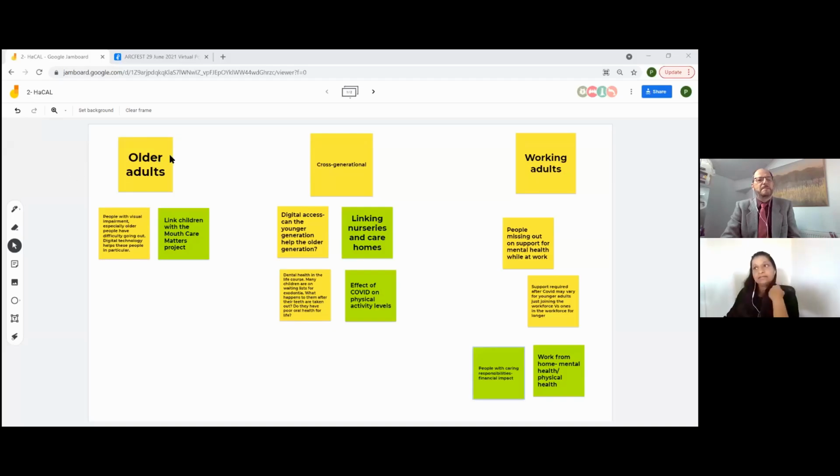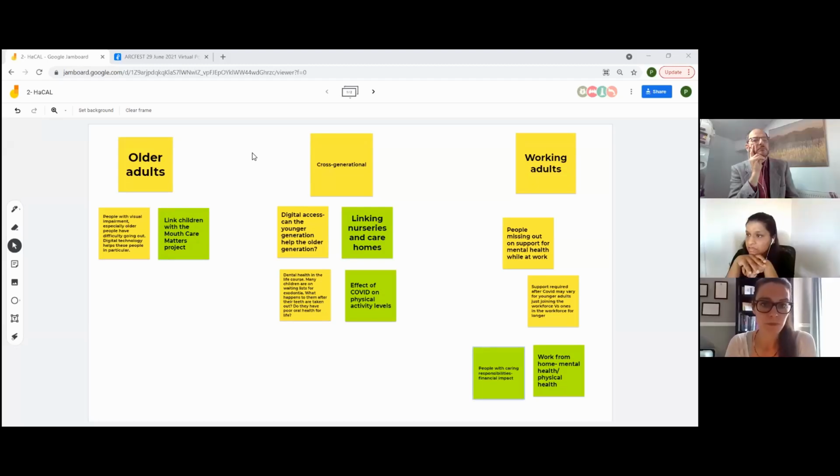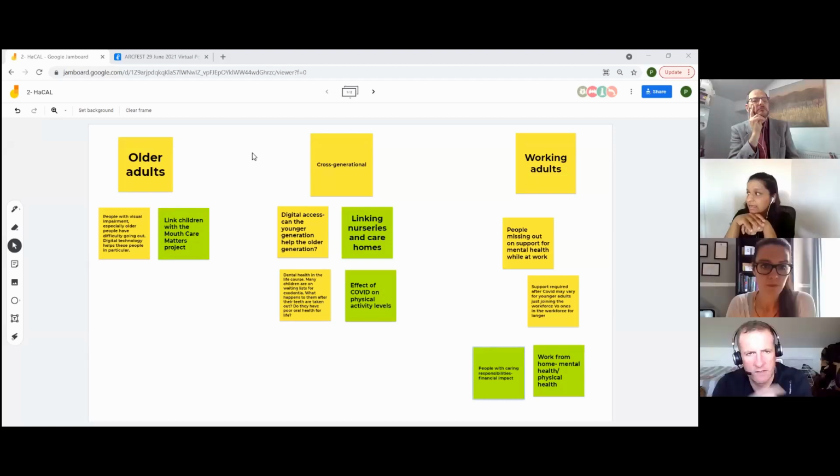Okay, can you see that? Yeah. Okay, so we had quite a good discussion with both the groups around older adults, cross-generational, and working adults. With respect to older adults, we talked about maybe linking children.